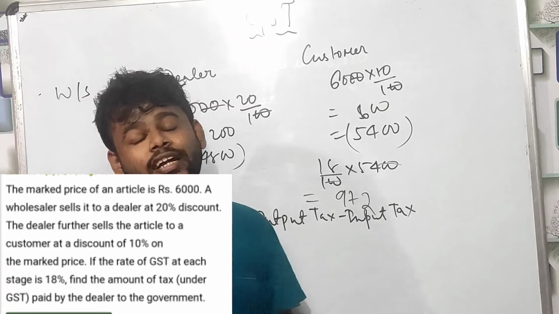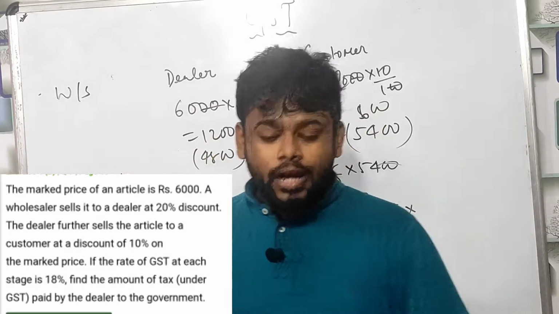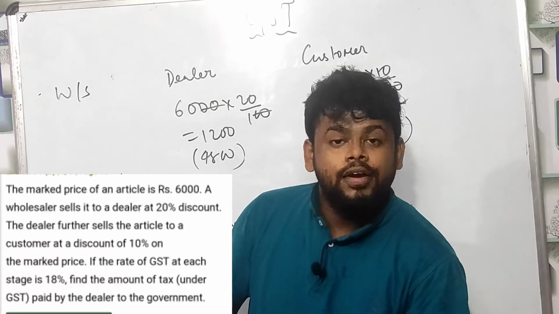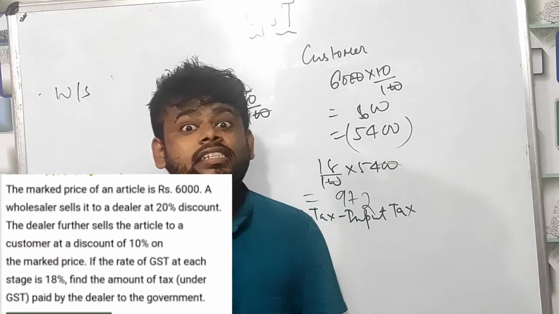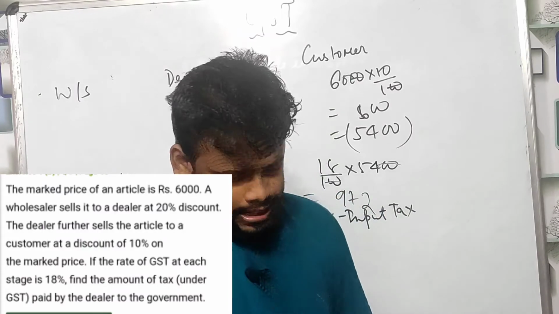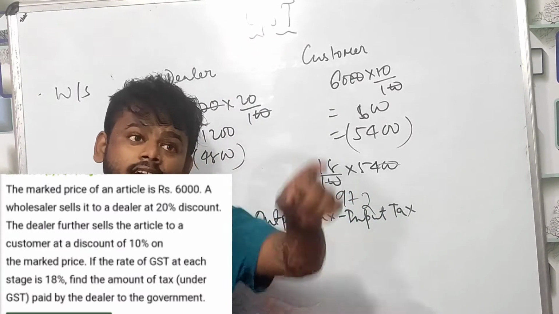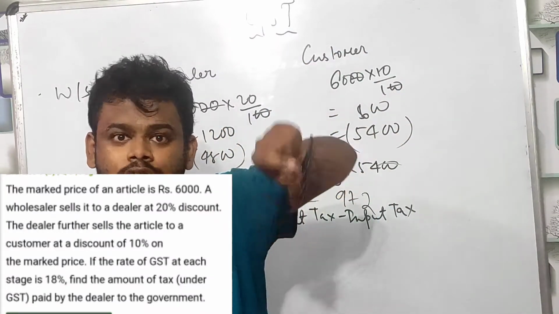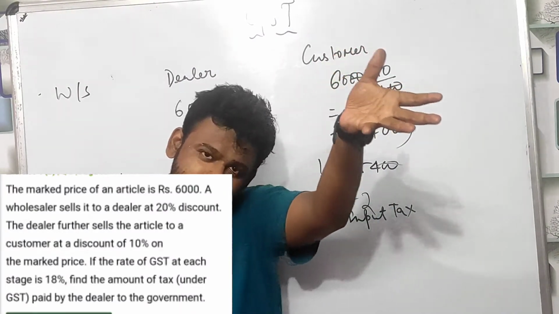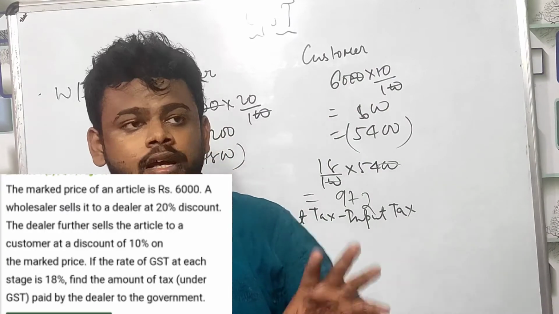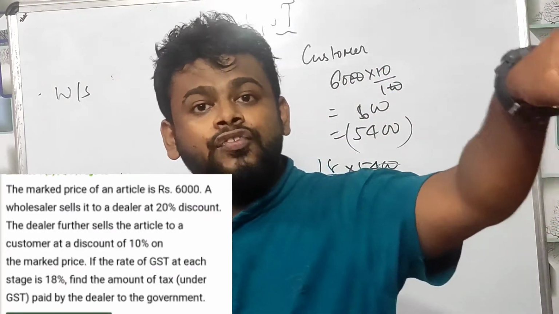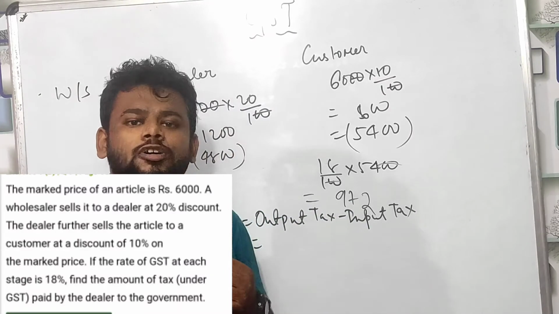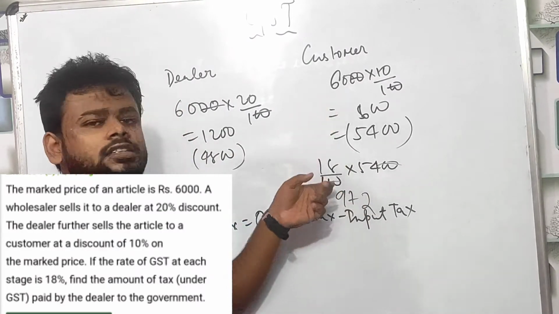Output tax, where do we calculate it? A little earlier I said you have to calculate output tax at the last stage. Who is the last stage? It's the wholesaler. I am the wholesaler, you are the dealer, the customer is your friend. The amount the friend pays you is the output. The customer is paying the dealer.